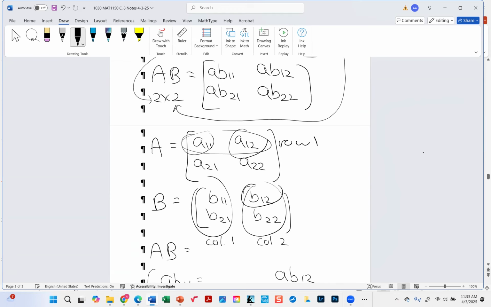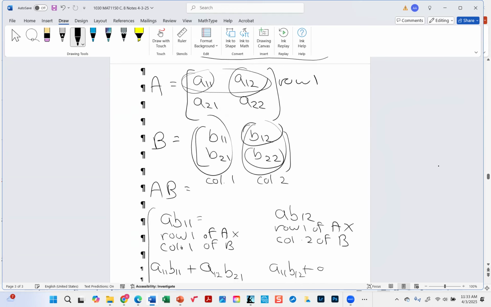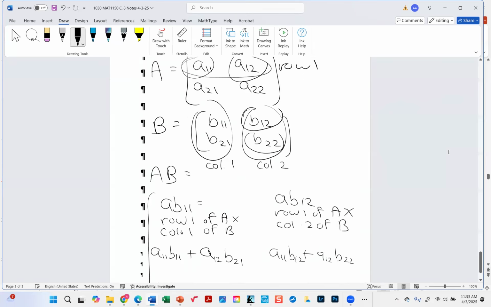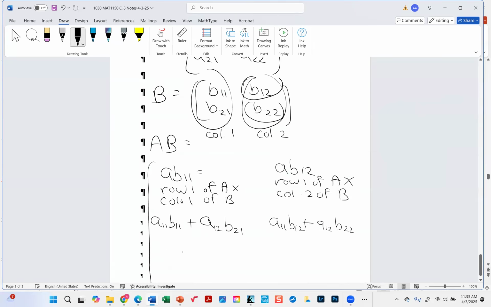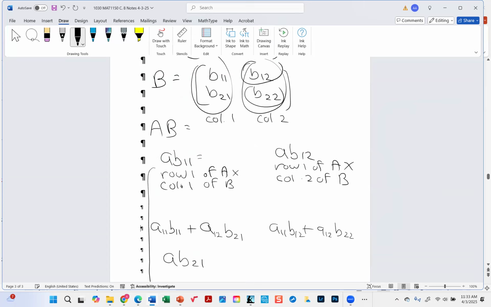And then I'll have A12 times B22. Just barely squeezed it in there. Now, that's just the first two. Now we need to go to AB21. Okay, well, hold on.